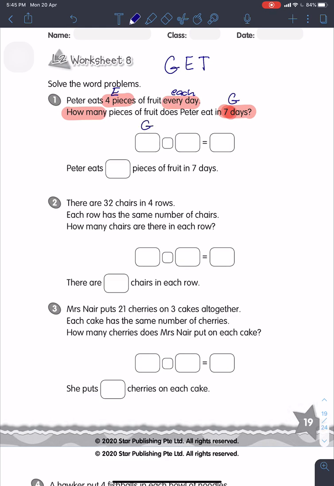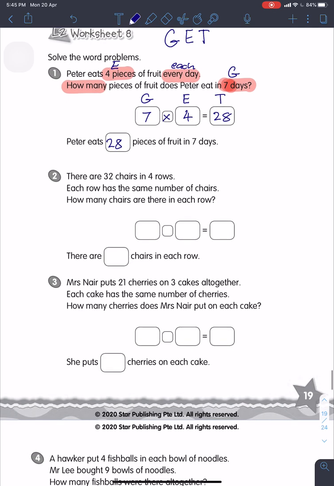So we need to find the total amount of fruits he ate. So it's 7 multiplied by 4, which gives you 28. So Peter eats 28 pieces of fruit in 7 days.